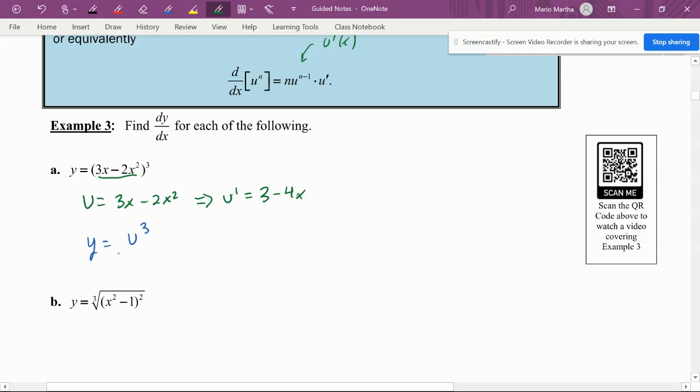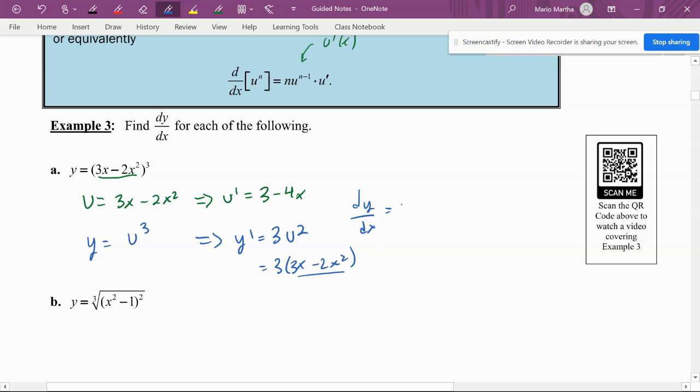And then the derivative at the bottom, y prime, that would be 3u squared. And again, so that you can say that dy dx is equal to 3u squared, right? Substitute this again if you want to get rid of the u. That's just 3x minus 2x squared, right?